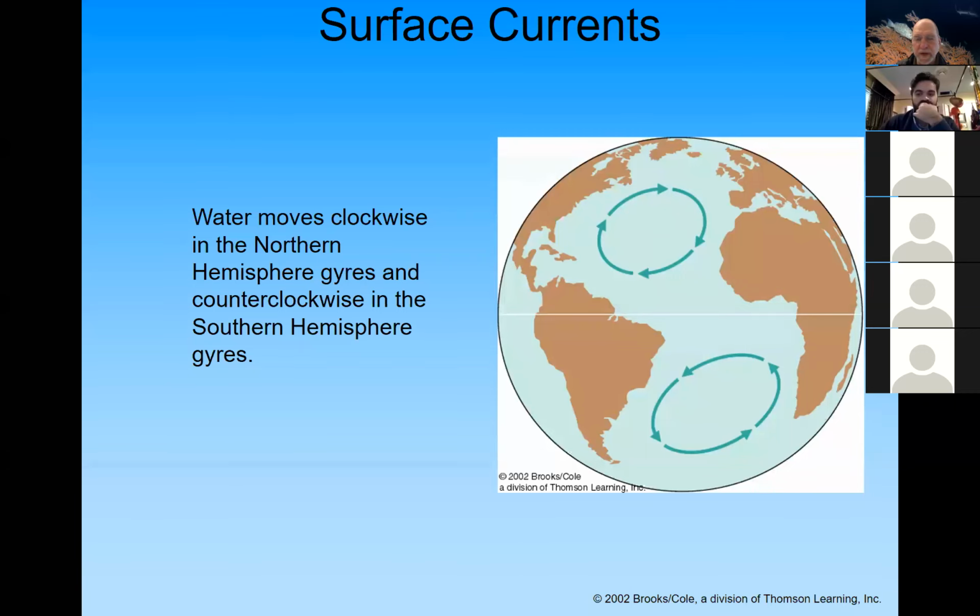Because of the influence of the Coriolis effect and the major wind patterns, these gyres tend to be situated in the western edges of the major ocean basins and to have a western intensification. I'm going to explain a little bit how that comes about.